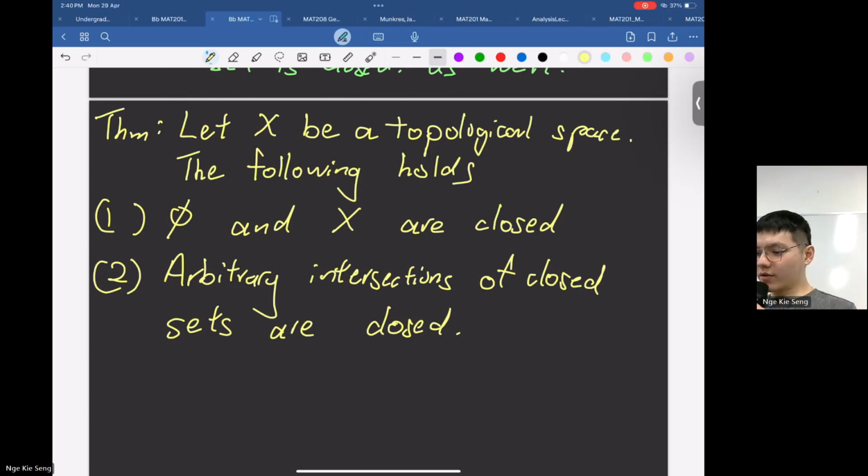So you want to check for an arbitrary intersection of closed sets, right? What do you do? You take the complement of it. So complement of, okay, let me write it down.